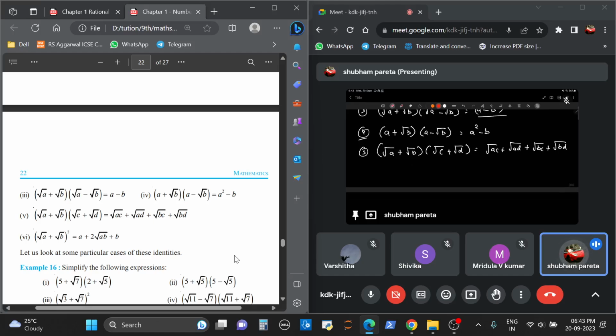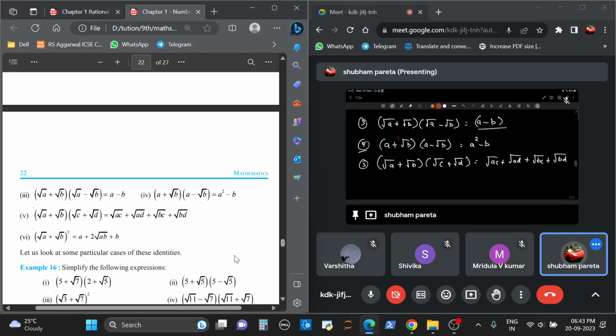बेसिकली आप कर क्या रहे हो, आप बस यहाँ पे प्रॉपर्टी लगा रहे हो, इस पूरे को इससे मल्टीप्लाई कर रहे हो, then you are multiplying under root b through all this bracket, and then you are finally getting the result. So we are doing simply the algebraic method only. The next thing is basically under root a and under root b whole square. What is under root a and under root b whole square?